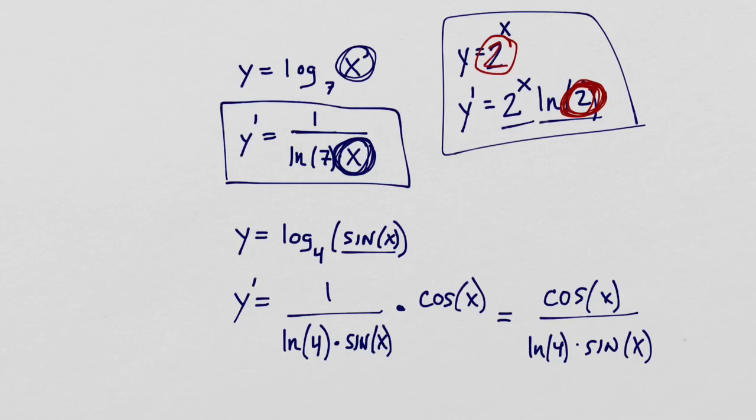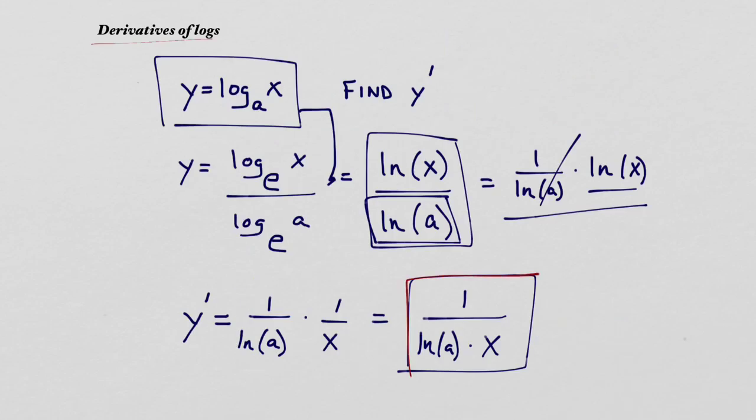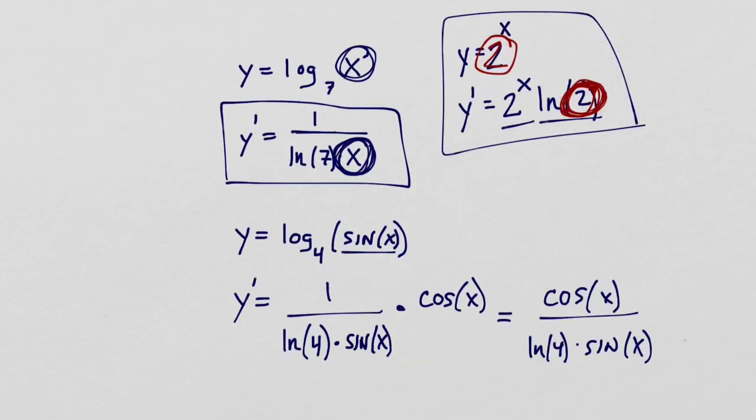In the same way here, with the derivative of logs, we again are taking the natural log of the base. That's no coincidence that those are the same. We're taking the natural log of whatever that base value is. So again, in this case we have a 4, that's why we have the natural log of 4. Yeah, good. Point made.